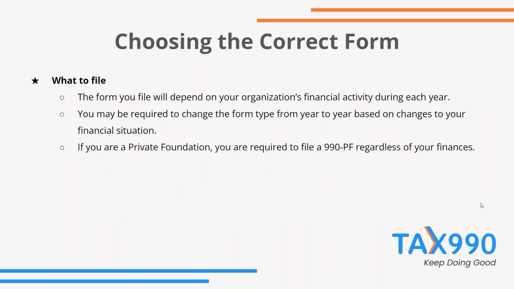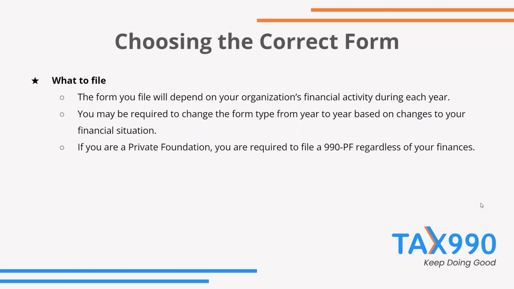As a public charity, the form you file will depend on your organization's financial activity during each year. The organization needs to determine whether they qualify for filing the 990N, the 990EZ, or the 990 series return based on their assets and gross receipts.